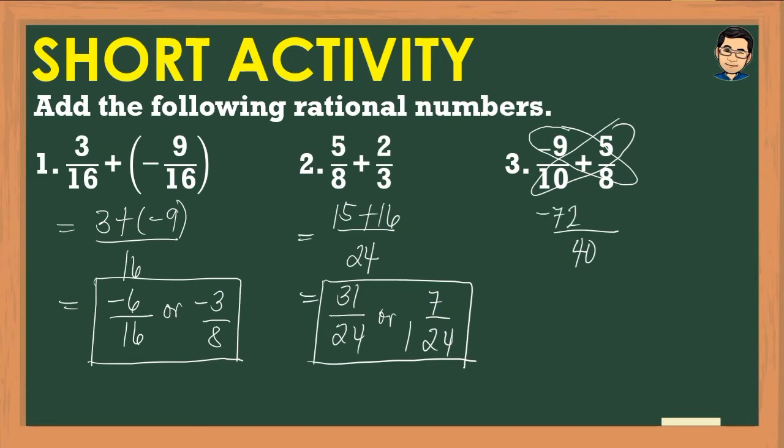The product of 10 and 5 is 50, so plus 50. Negative 72 plus 50 is negative 22 over 40. The GCF of negative 22 and 40 is 2, so our final answer is negative 11 over 20.